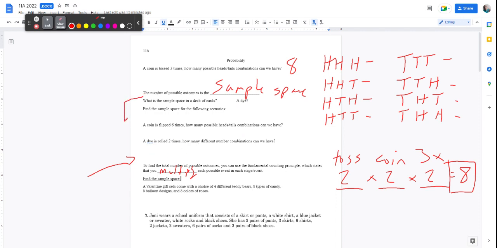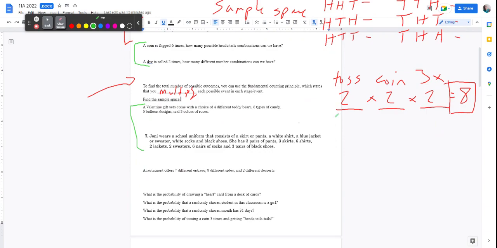These sample space problems should be pretty simple for a deck of cards and a die, because it's just how many possible things we have in there. I want us to try to find the sample space. Again, all you're doing is multiplying how many possible things can happen at each different stage of the event.